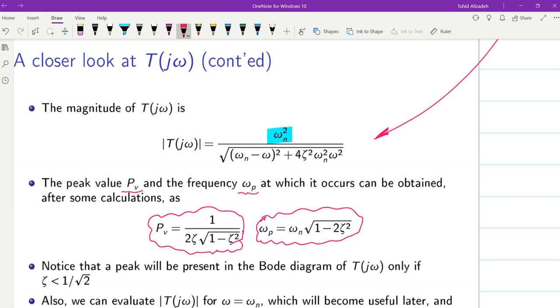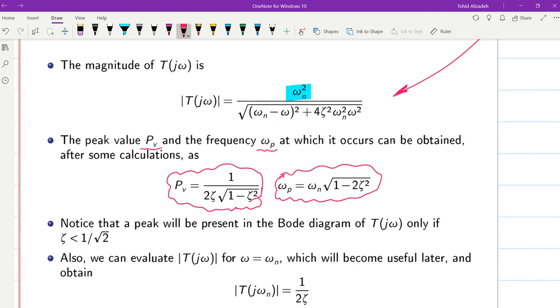If you are wondering how these values are obtained, you can just differentiate the expression that we have for the amplitude with respect to omega and then find the maximum value. You set the derivative to 0 and then out of that you can find omega p, and replacing it in the expression for the amplitude you can find the value.